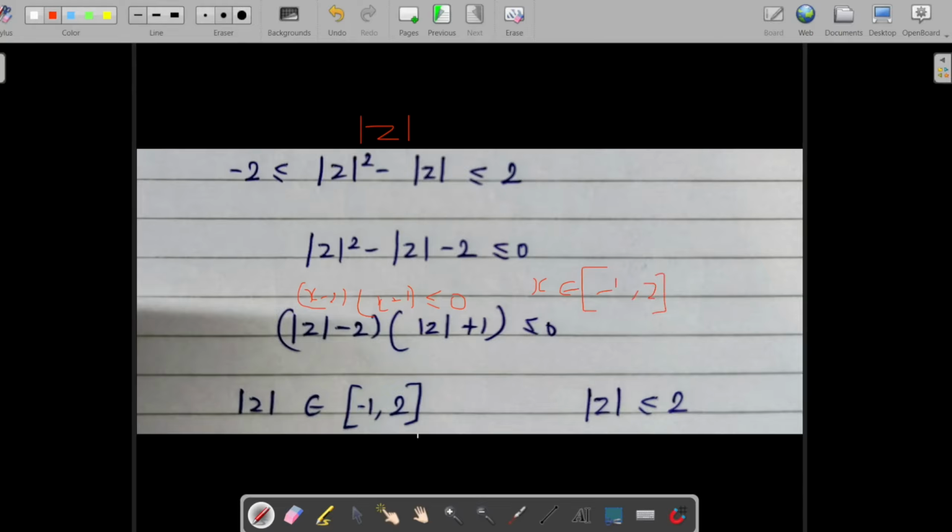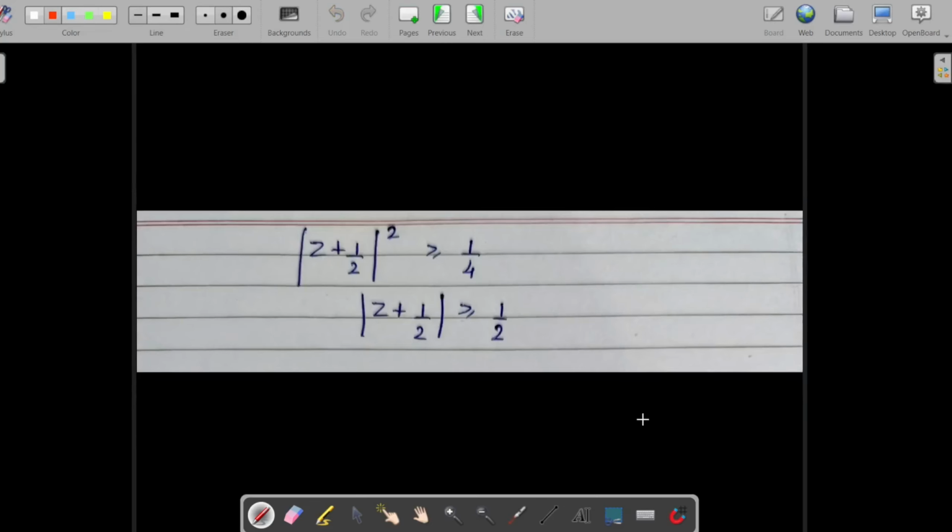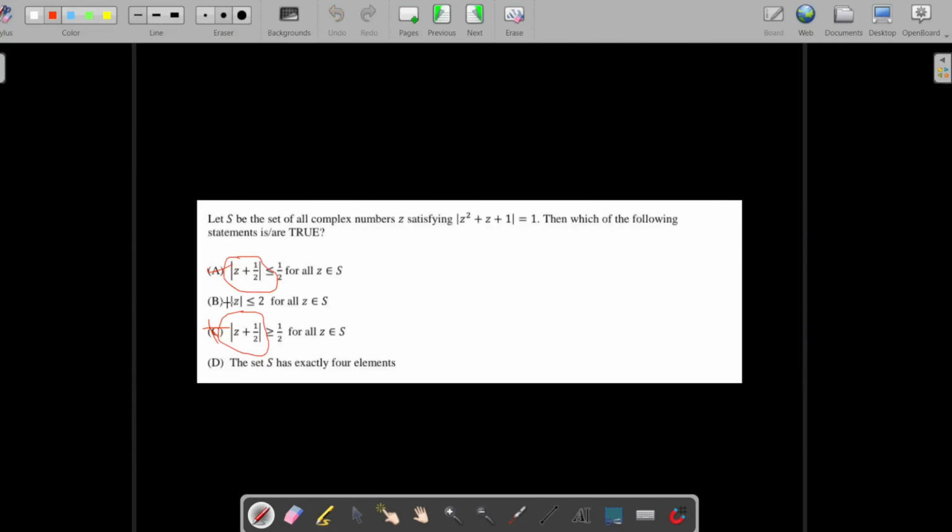That is a basic inequality. So instead of x here we have mod z, so mod of z will belong to minus 1 to 2, and because mod is always a positive quantity, you forget about this, just take it from 0 to 2. So mod of z is less than or equal to 2. So we simply get this answer.